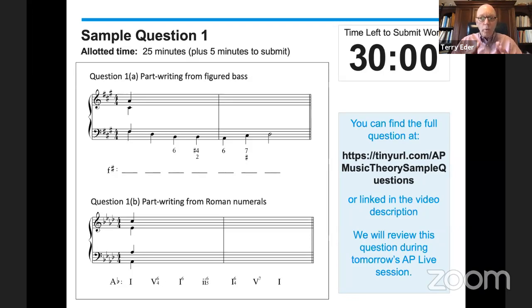I want to remind you that you've got to be really careful about writing it exactly correctly. For instance, if you're going along and you forget to write 6/4 on the one chord in the Roman numerals, then that would cause you a problem because it wouldn't be in the right position. Okay, so be very careful and copy down exactly as it's shown in the prompt.